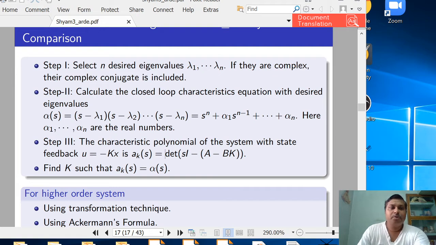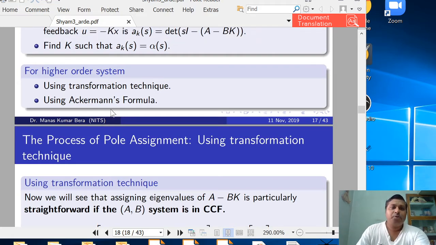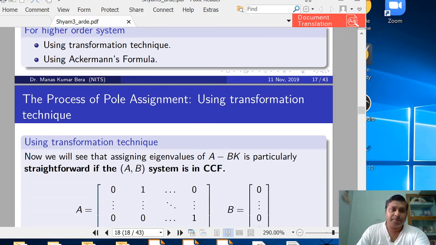So that is why we have to give emphasis to how this controller gain can be calculated efficiently with other algorithms for higher order systems. That is why in the last class I told you that two other processes we are going to discuss, to find this k1, k2, kn, the state feedback gain, using the transformation technique and using Ackermann's formula. First I am going to discuss the process of pole assignment using the transformation technique.